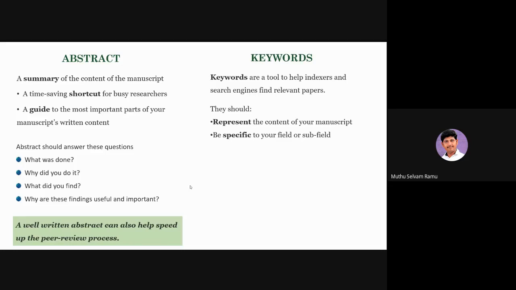The next one is keywords. Though it is very small, it has its position. The keywords are mentioned next to the abstract, and they are the important words used inside the manuscript.